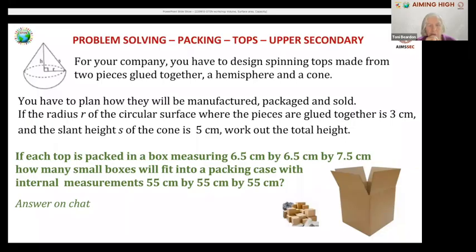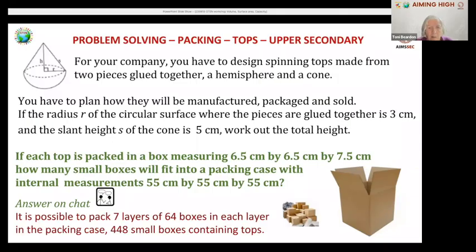It's a practical problem. How many of the little boxes could you put on the bottom of the packing case? They measure 6.5 by 6.5. How did we come up with 64 boxes in each layer? Why? So twice 6.5 is 13.